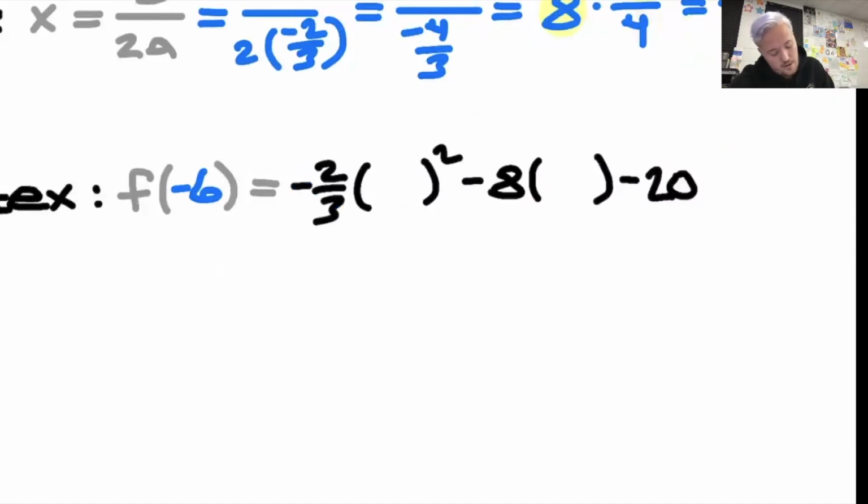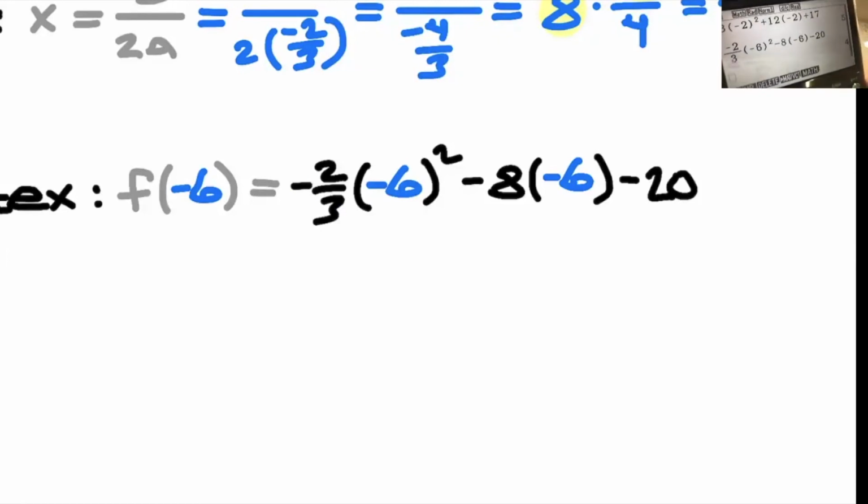So I'm going to plug in that negative 6. So negative 2/3 parentheses negative 6 squared minus 8 negative 6 minus 20. And you're going to get a value of 4.